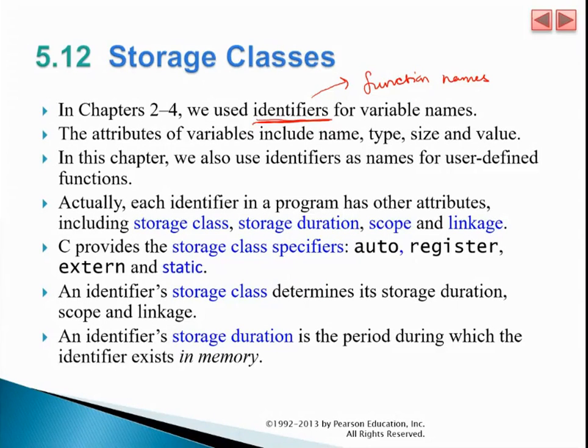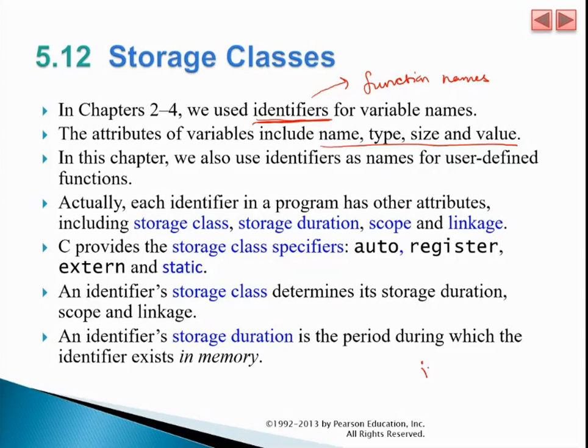So let's see what the attributes of these identifiers are. Till now we have seen these four attributes. Let's talk about the variable name only for now. A variable name has these four attributes. If you remember, a variable should have a name.